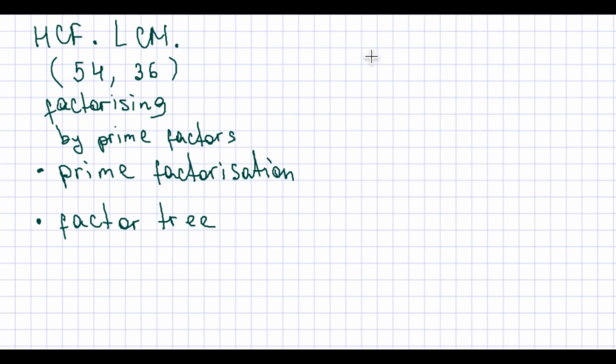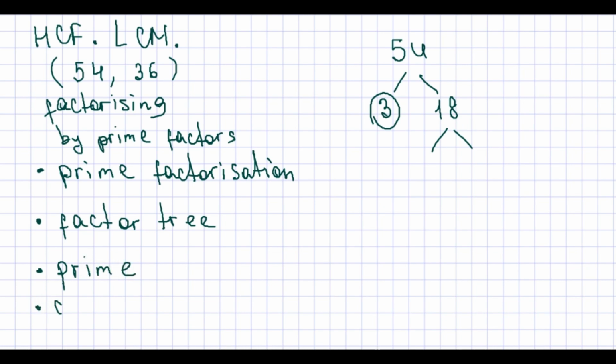Okay, we take 54, we write 54 as 3 and 18. 3 is a prime number that divides by 1 and itself. So we circle this. 18 is not a prime number, it's a composite number. Let me write here, prime and composite.